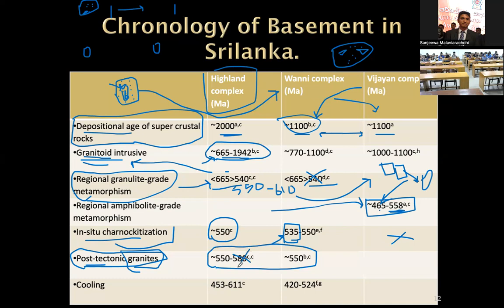I don't agree with that age. It's almost 550. That means at the last stage of metamorphism, these granites intruded into the basement. So this type of granite is characterized by the Thonigala granite and Arangala granite, the granitic bodies which we have.